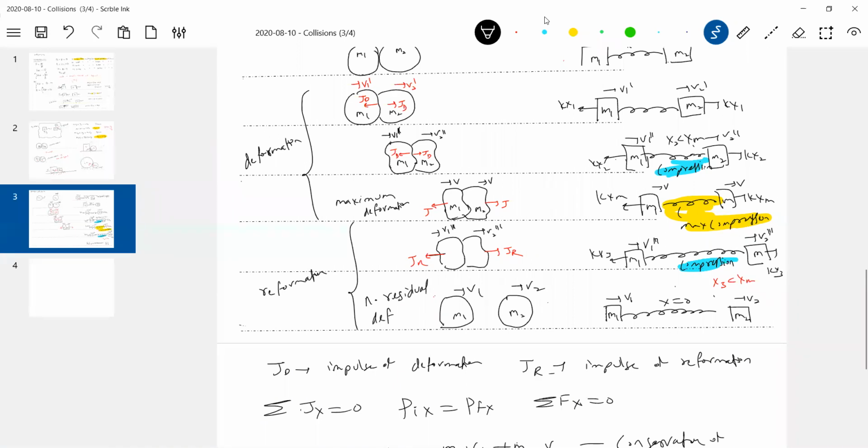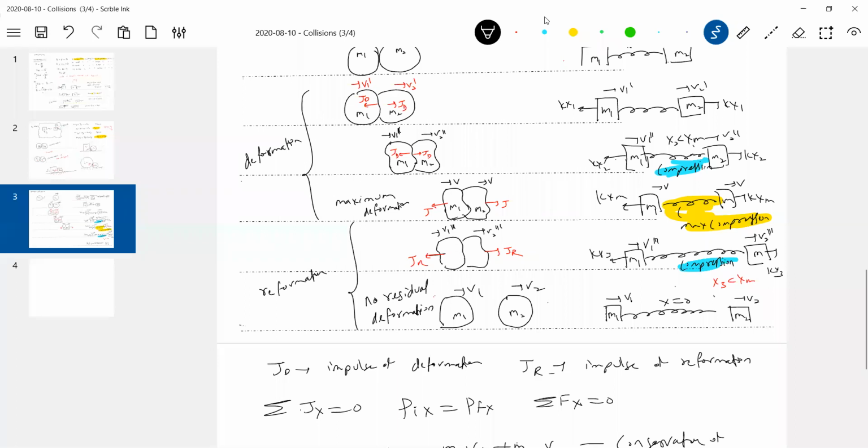Residual means leftover. The bodies come, collide, undergo deformation, then come out of deformation completely. Then such a collision is said to be an elastic collision.